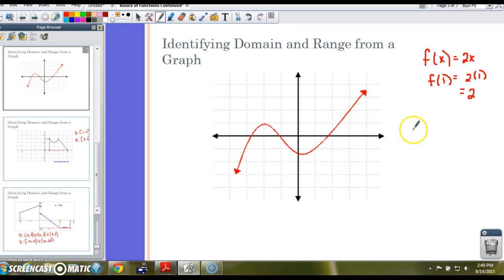So in this graph, let's say I'm going to ask you what f of 3 is. Well, you're just going to go over to 3 on the x-axis there and figure out what your y value is at the graph when x is 3. So if I go out to 3 here, my graph is up here, and that corresponding y value is just 2.